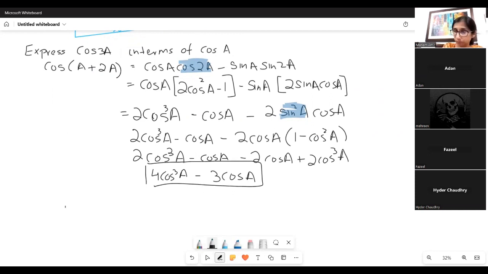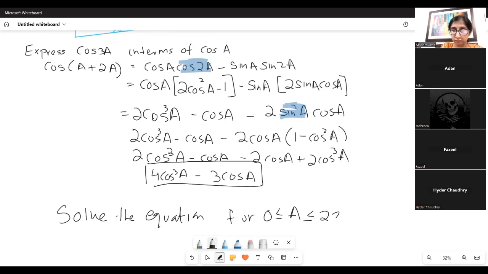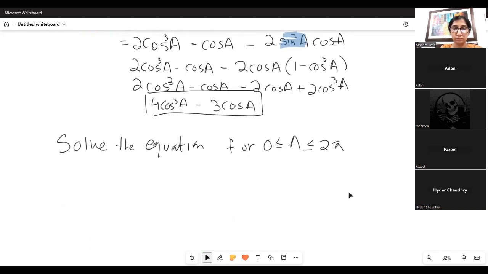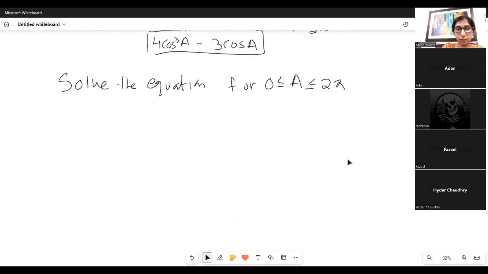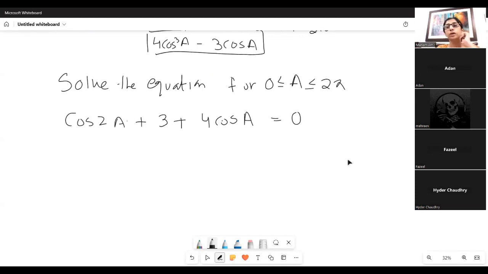Solve the equation cos 2A plus 3 plus 4 cos A equals 0, for 0 to 2 pi. So what should we do here?